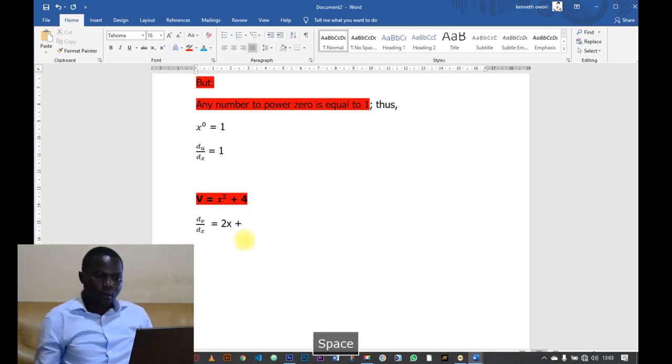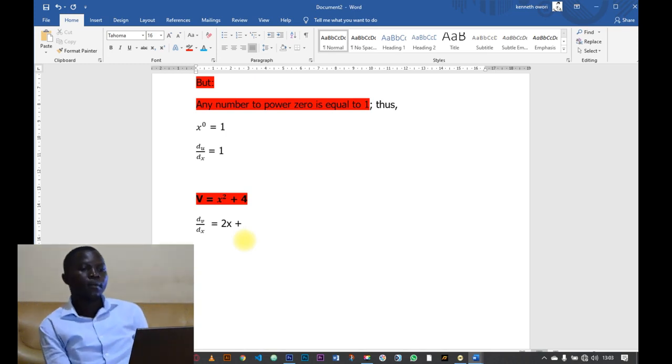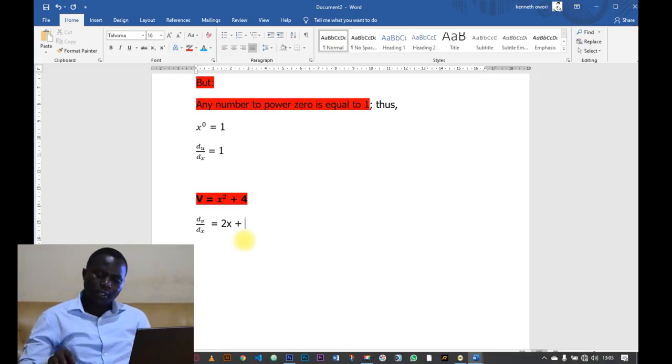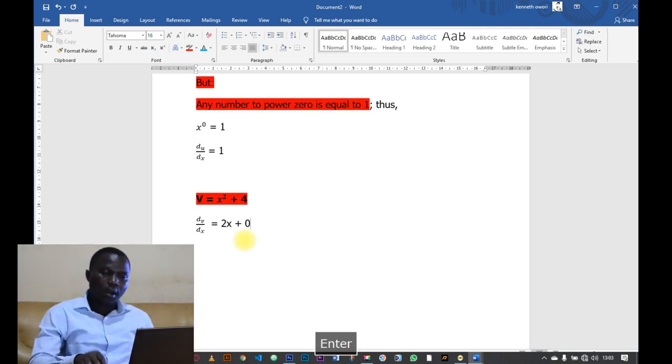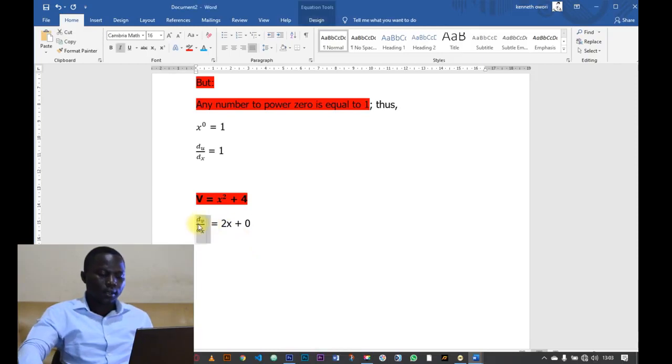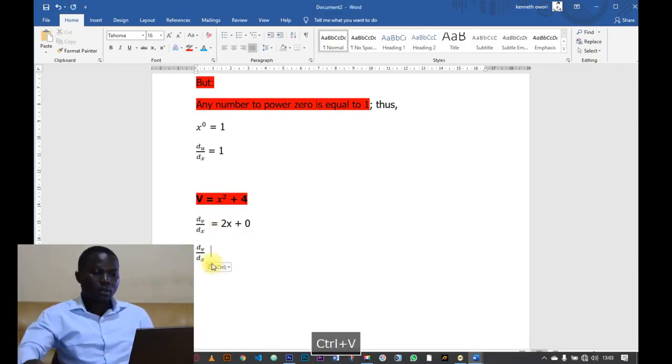I hope you're still remembering where we came from. If you differentiate x squared, you get 2x. That is the power of 2 multiplied by x, and if we reduce the power of 2 by 1, we get 1. And if we differentiate 4, which is a constant, we get a 0. So our dv dx is equal to 2x.